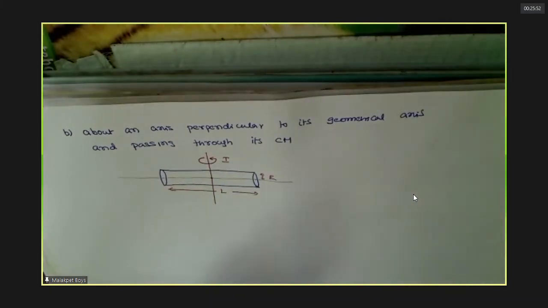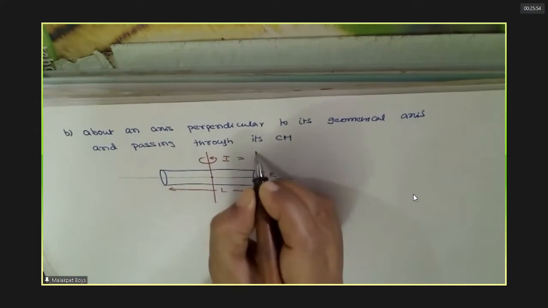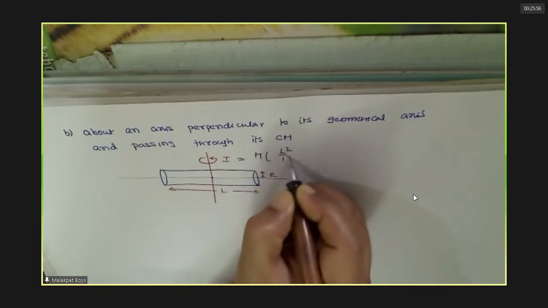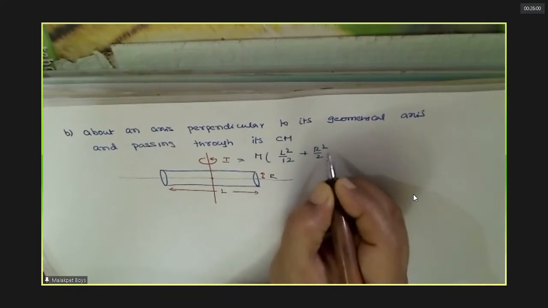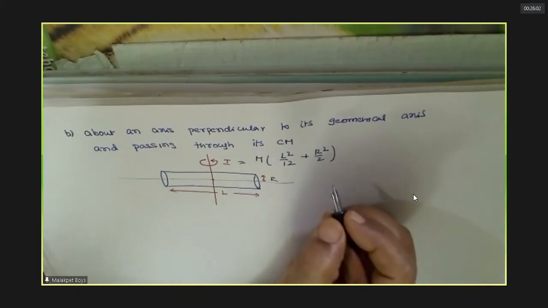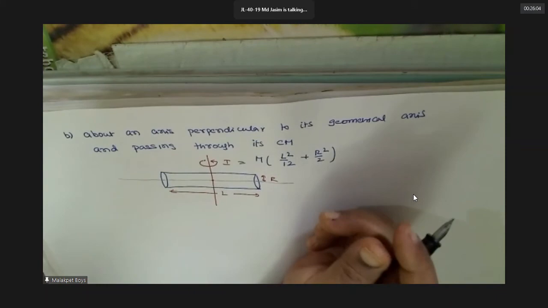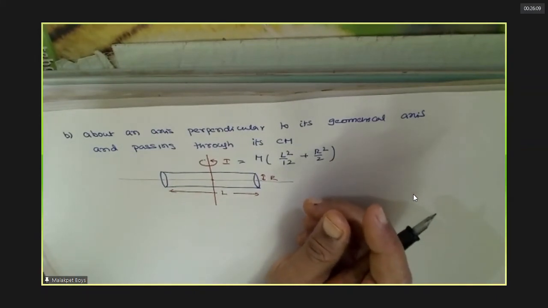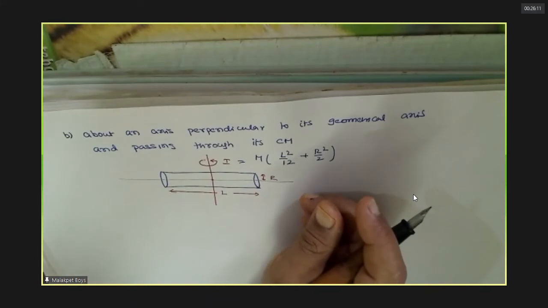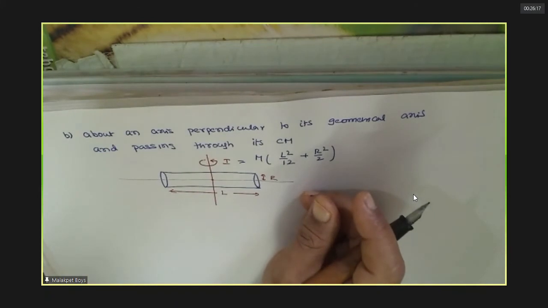So earlier what you got, the previous thing, L square by 12 plus r square by 4, here you'll get r square by 2. Understood this? So these are the only objects you have within your curriculum. Because in the world there are infinite number of objects. We need not read everything. If you know this, it's more than enough.